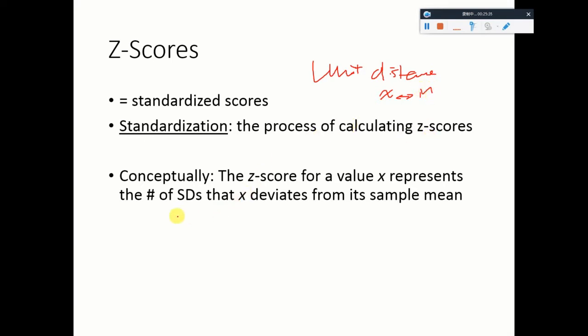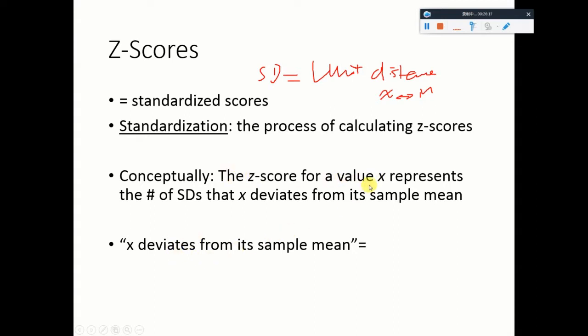And of course, if SD is the unit distance, and we want to find out the actual distance, then we should be talking in terms of x deviating from the sample mean by 1, 2, 3, or 3.5 standard deviations. So if this is the conceptual definition of z-score, how do we calculate the z-score for a value x?